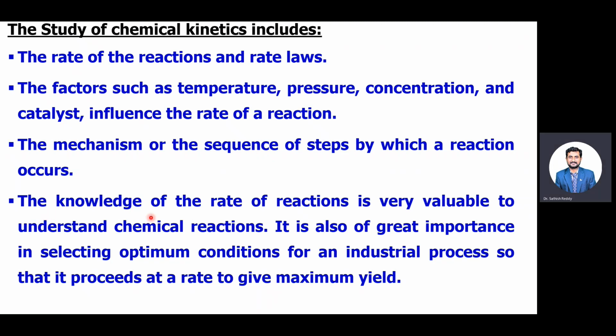This knowledge of rate of reaction is very valuable to understand chemical reactions. It's also of great importance in selecting optimum conditions for an industrial process so that it proceeds at a rate to give maximum yield.